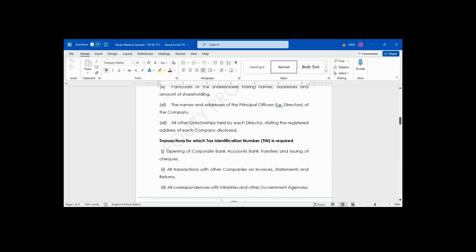Number one, opening of corporate bank accounts. If you want to open a corporate bank account in a bank, you can't open any bank account as a company now. Part of the requirement is for you to bring your tax identification number.